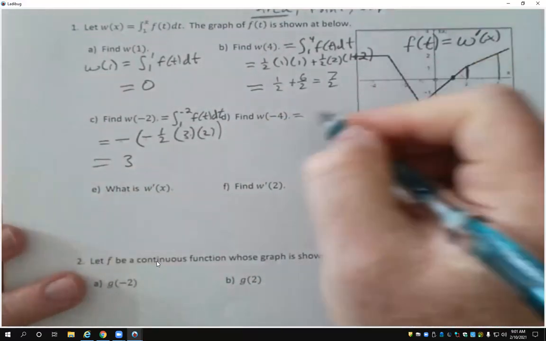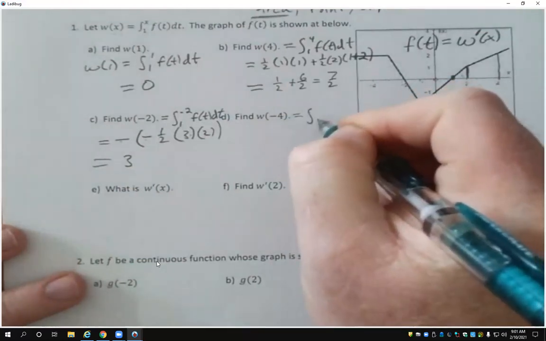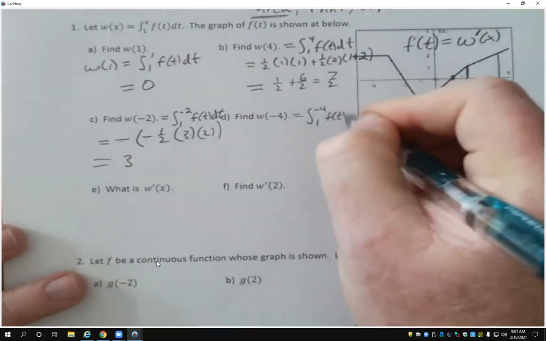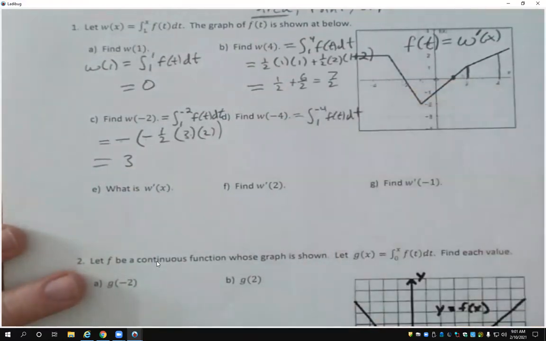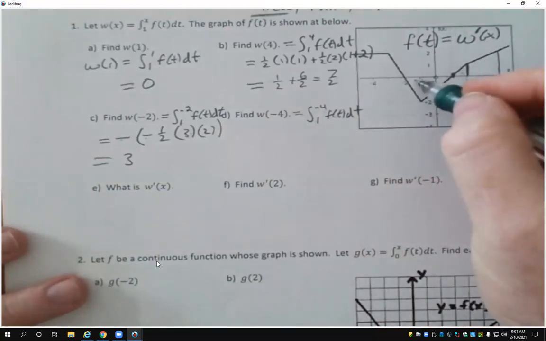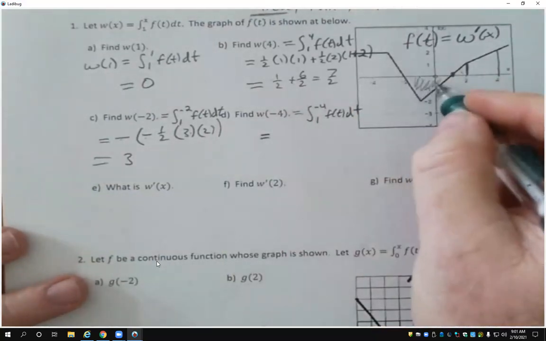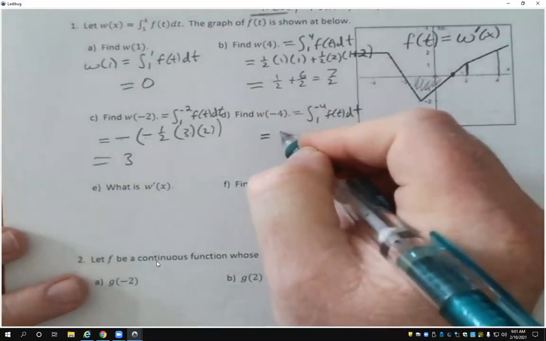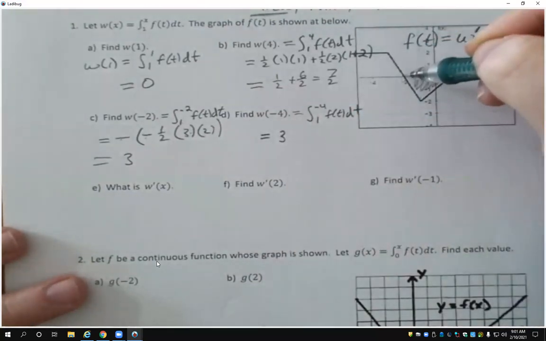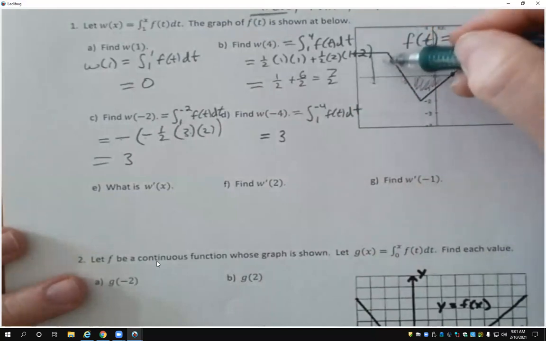All right, D, W of -4. We're integrating from 1 to -4 of f of t dt. So we have this triangle. We're just going to go ahead and write down that answer. The area of this triangle was 3. And now we're going from -2 to -4 the rest of the way. That's a trapezoid.